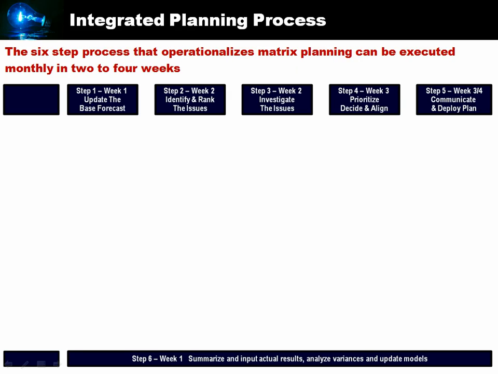Depicted on this page is a high-level overview of an integrated planning and forecasting process. To some, this 6-step process might look a lot like the steps one would use in a sales and operations planning process. And this would be a correct observation, with the exception that this process has been extended to the enterprise as a whole. Now, this may seem like a foreign concept to finance professionals, but sales and operations planning is nothing more than an advanced form of driver-based planning.